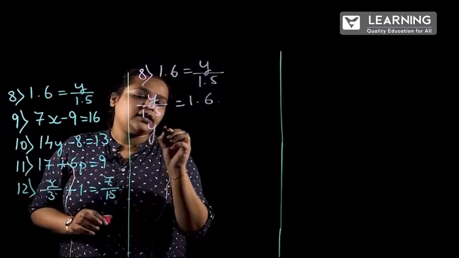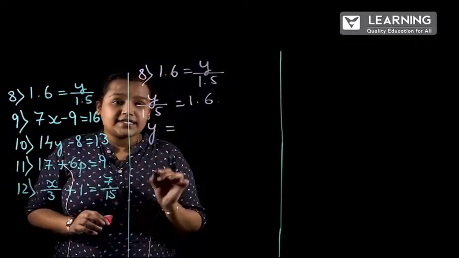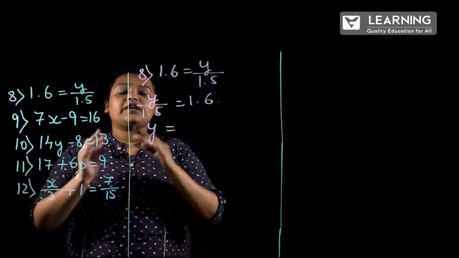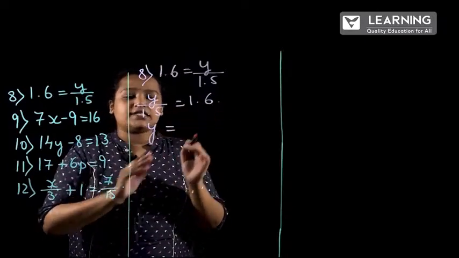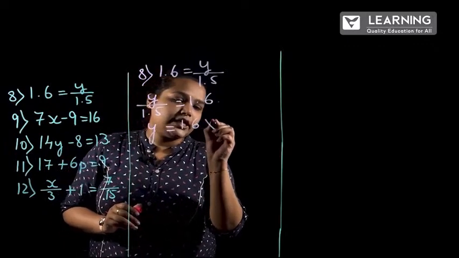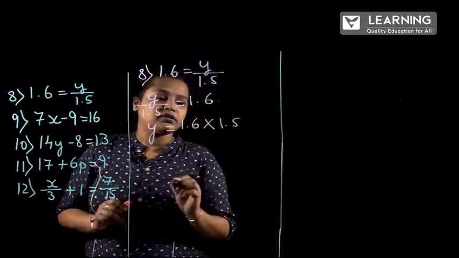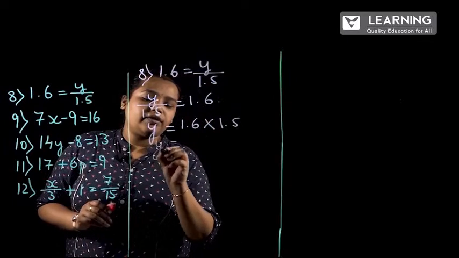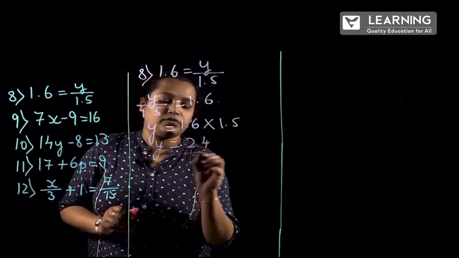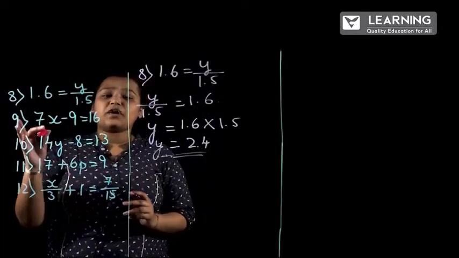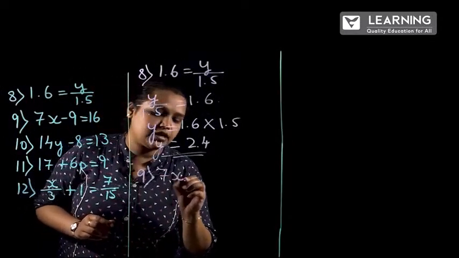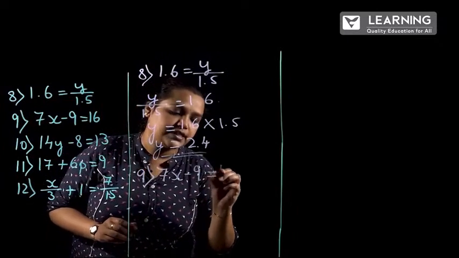So y will be equal to, as I said in previous problems, the division will become multiplication when we move the decimal numbers to RHS. So 1.6 into 1.5. What is the value of y? The value of y will become 2.4. And the next problem, the ninth problem, 7x minus 9 equals 16.